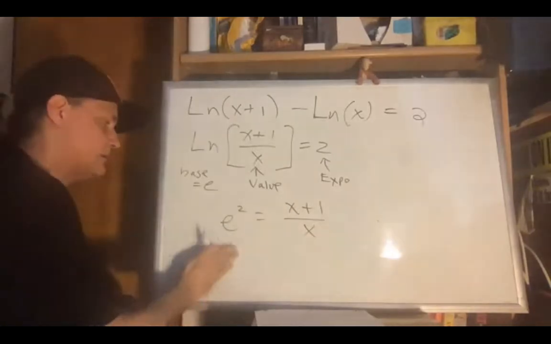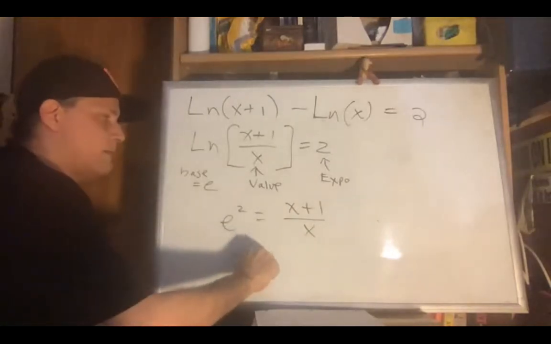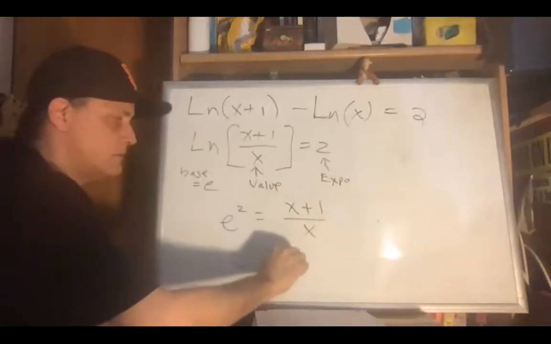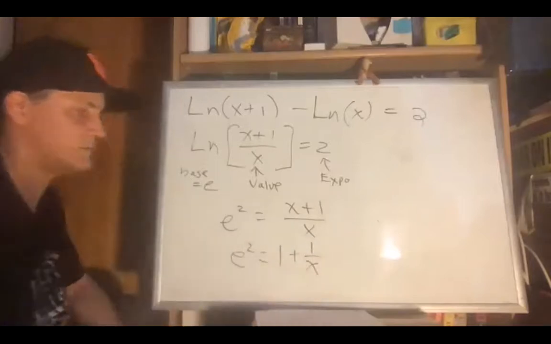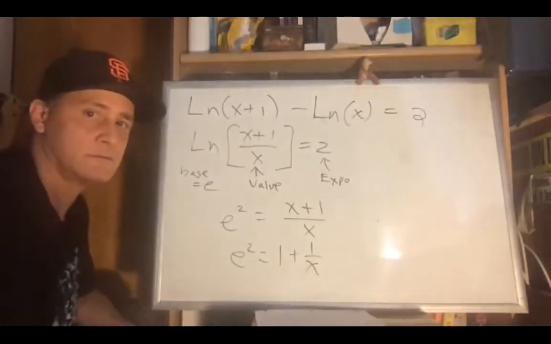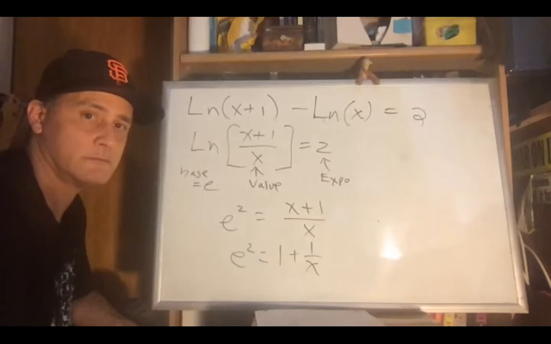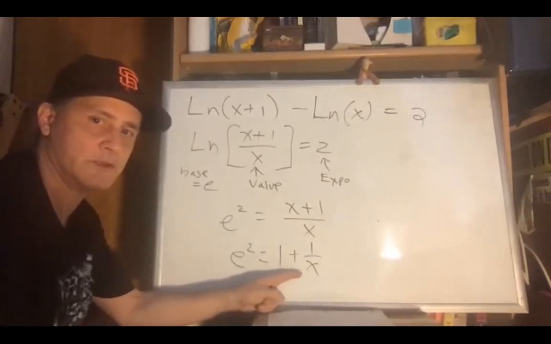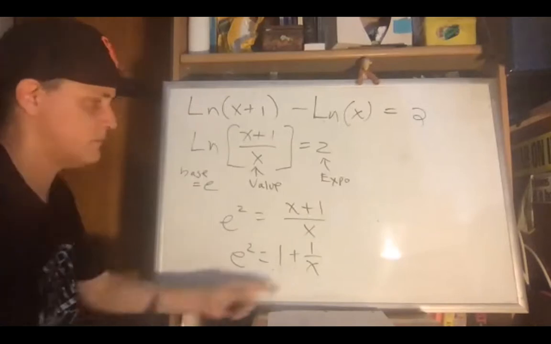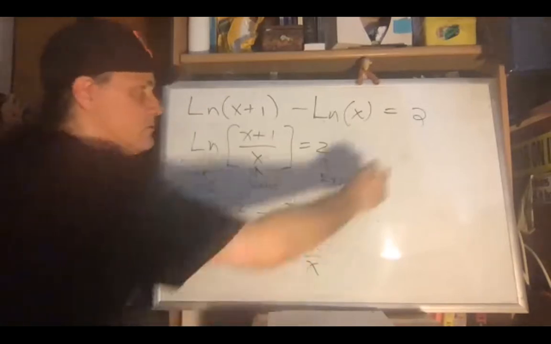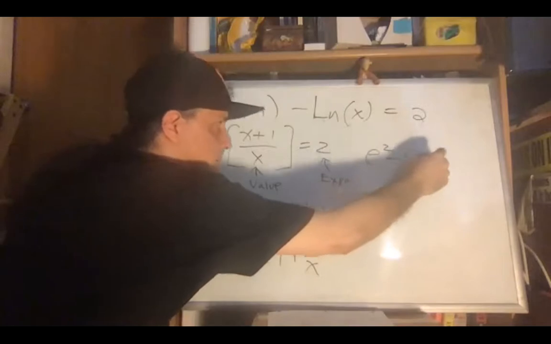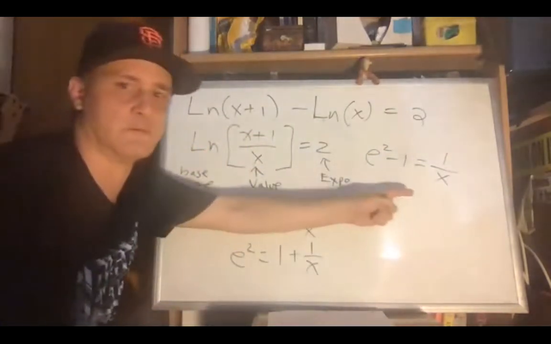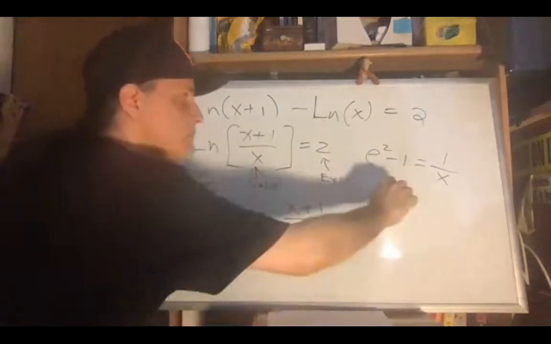All right. So e squared. So if we divide, this is going to become 1 plus 1 over x. Okay, now what we got to do is subtract 1, and then we can just do the reciprocal. All right, and now we can just reciprocal both sides.